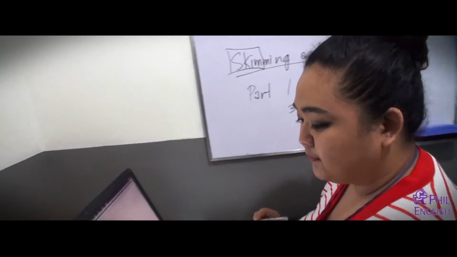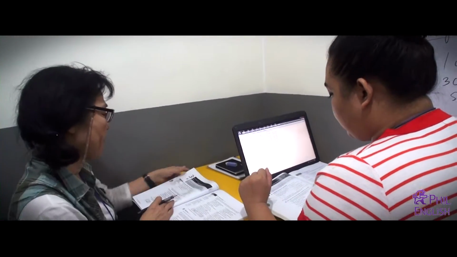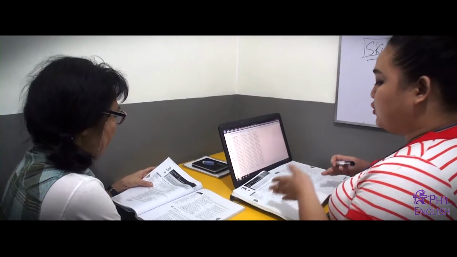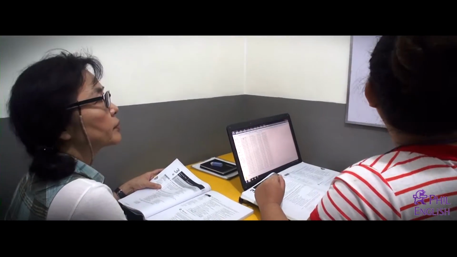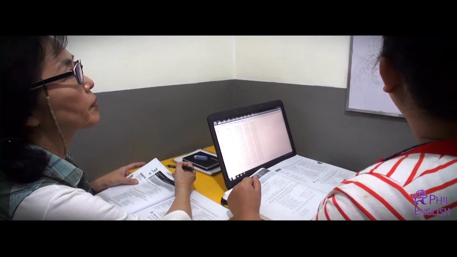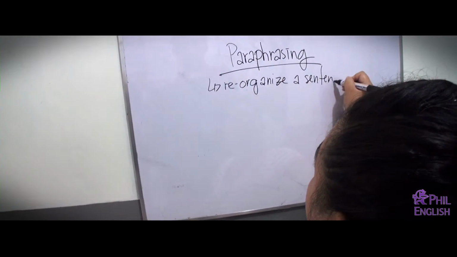Okay? So now we have an activity here. We call this the language building, and we're going to do paraphrasing. So what is paraphrasing? It is to reorganize a sentence, right?